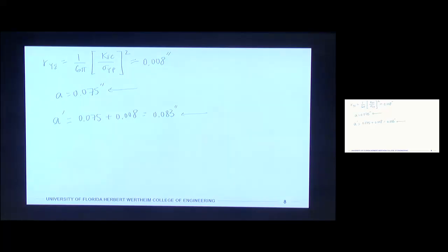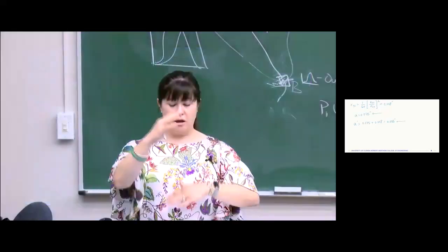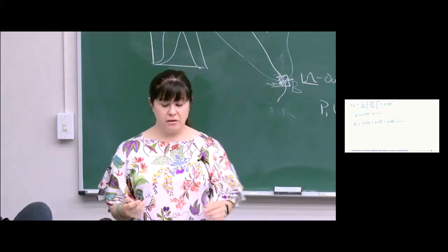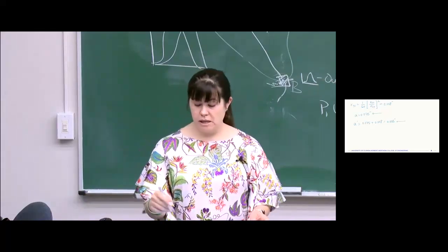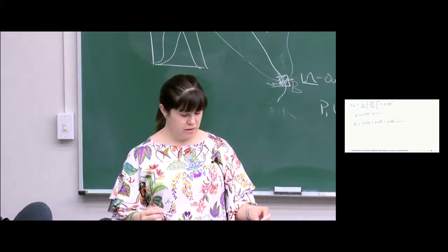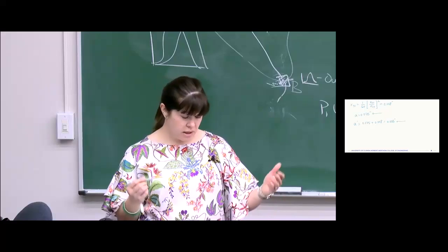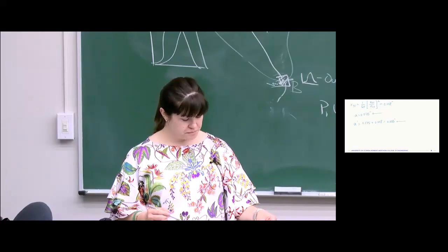So we should get a shorter lifetime if our initial flaw is already a little bit larger, right? Because we've lost the number of cycles that we could have had between 0.075 and 0.083. And we could calculate that as well if we wanted to.